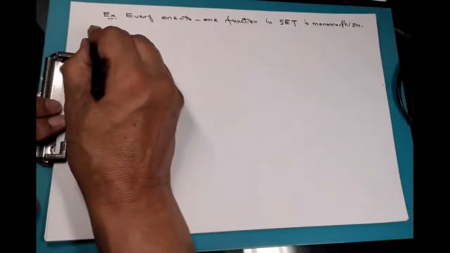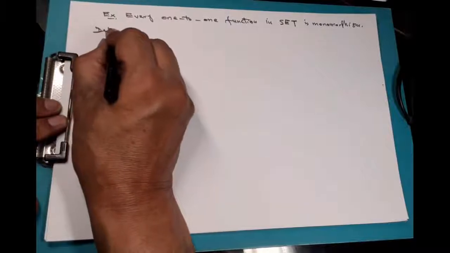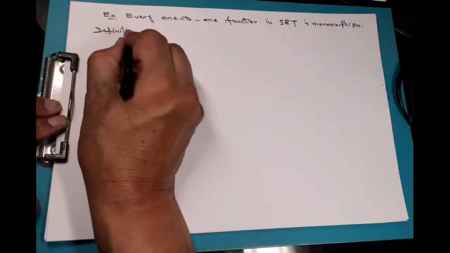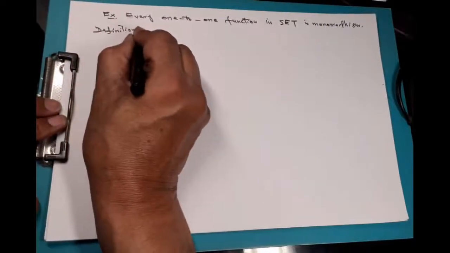So now let's come to the next definition, and this is the definition of isomorphism.